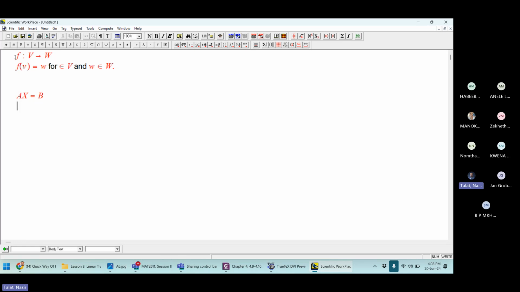Like here we have a transformation F from V to W. Similarly, this idea is also working whenever x is a vector or x is an unknown. When we multiply this with some matrix A, then AX is equal to B, where B is the output.